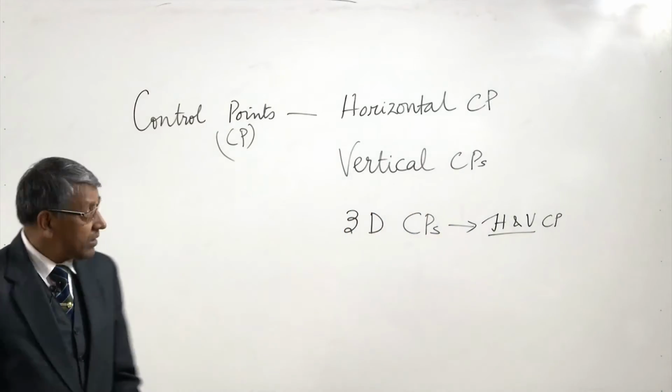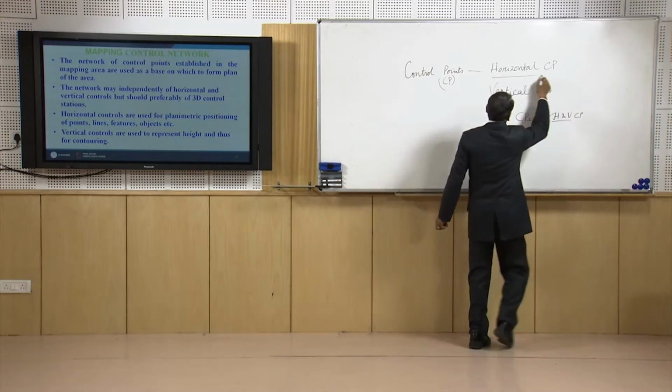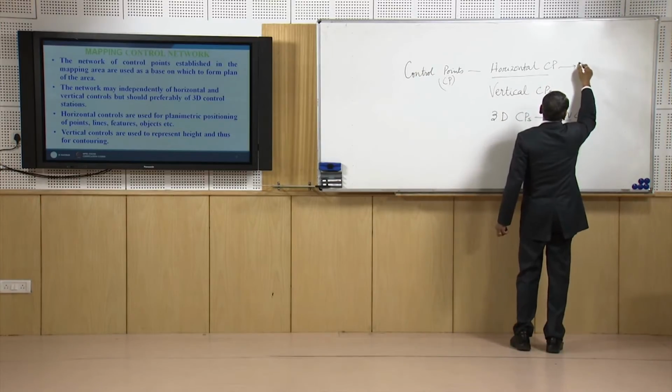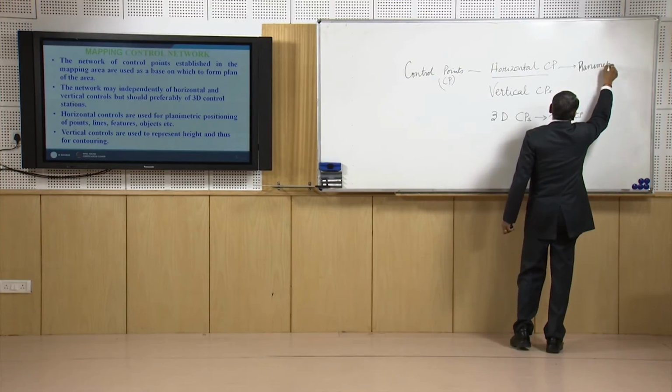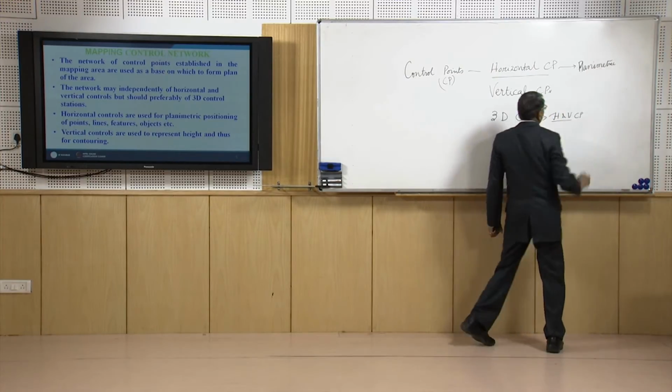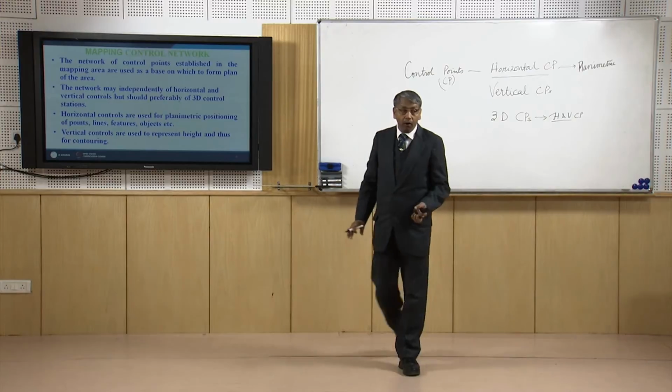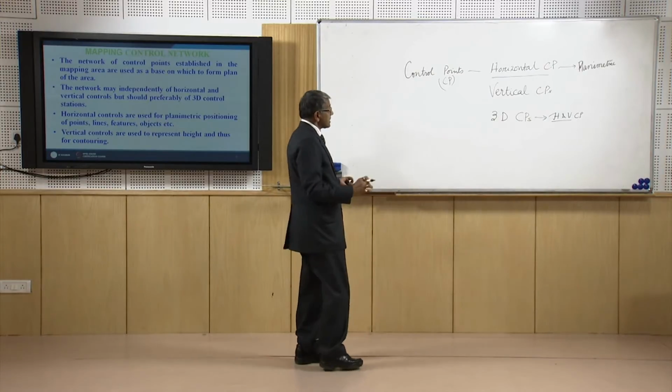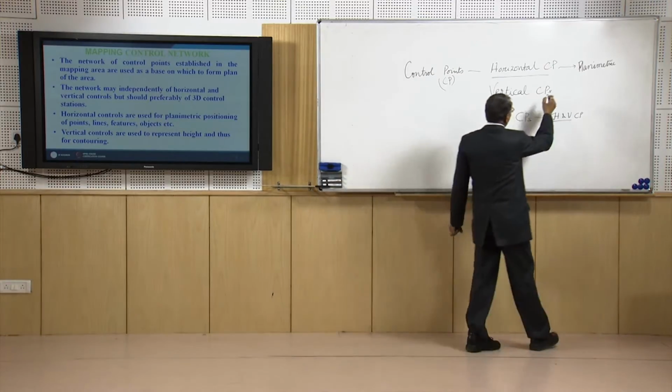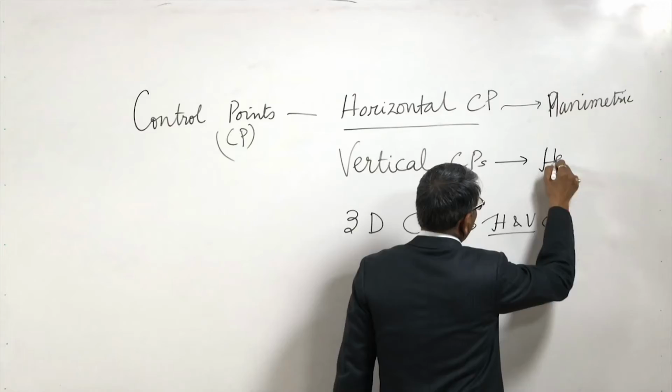Now the horizontal control points are for planimetric positioning, planimetric work, like our planimetric coordinates x, y, or it may be the horizontal distance, and vertical control points are for height.